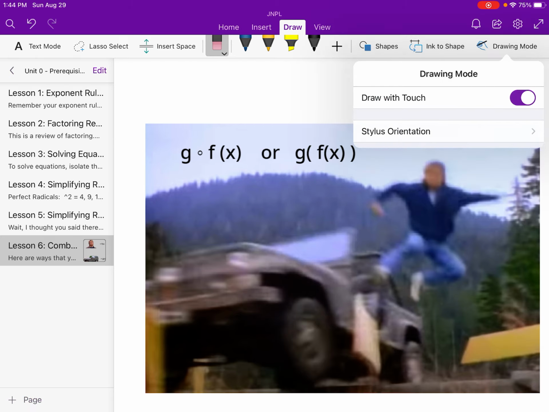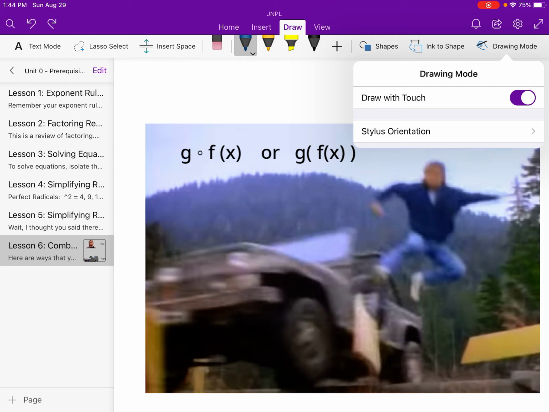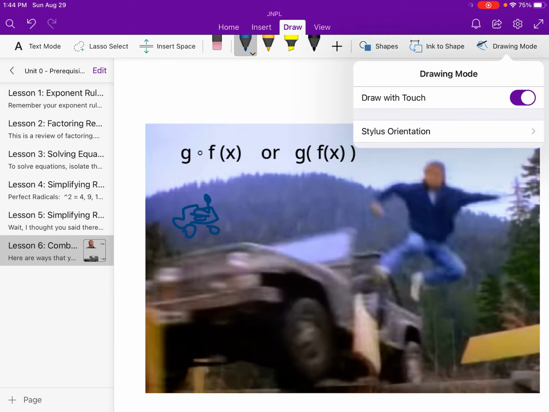Although he's actually not really in the Jeep. He's falling out of the Jeep because he crashed off of a mountain. Maybe that wasn't the best example, but just imagine he's in his Jeep, terrible drawing. There. That's what that is.